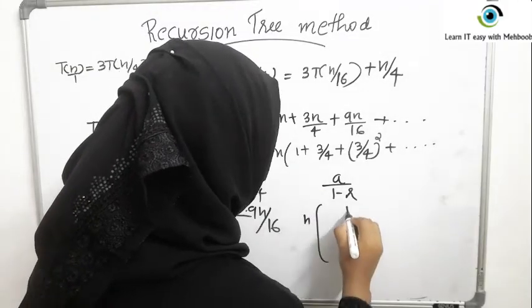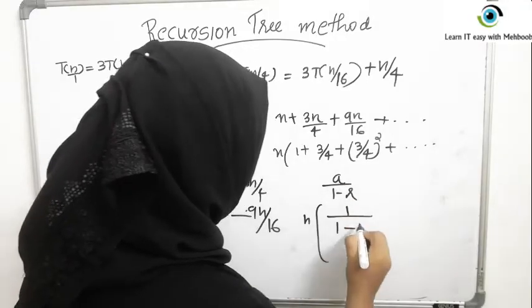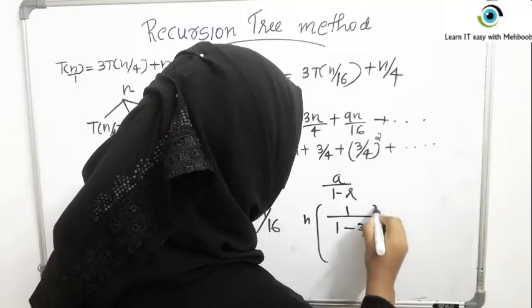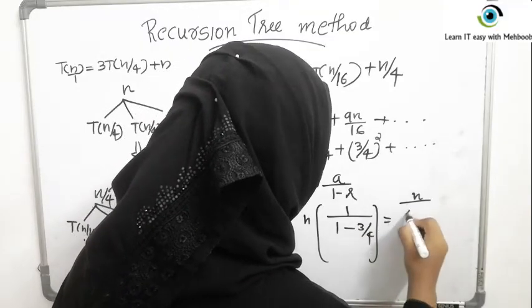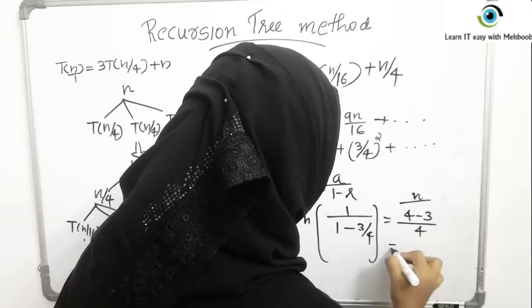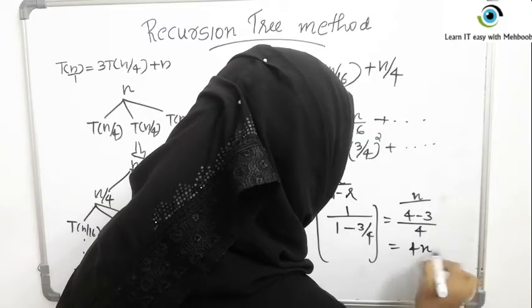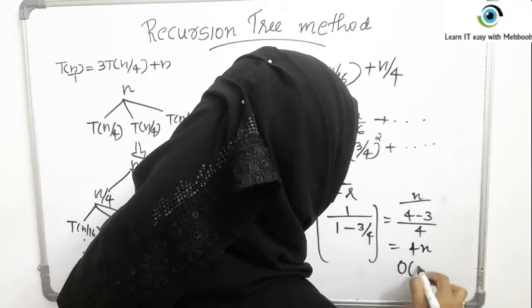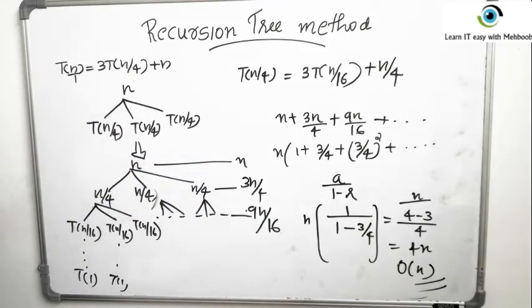Now a, the first term, is 1, then 1 minus common ratio is 1 minus 3 by 4. So when you do this, you will get n divided by 4 minus 3 divided by 4, isn't it? Or it is 4n by 1. So order of n. This is the complexity of this approach.